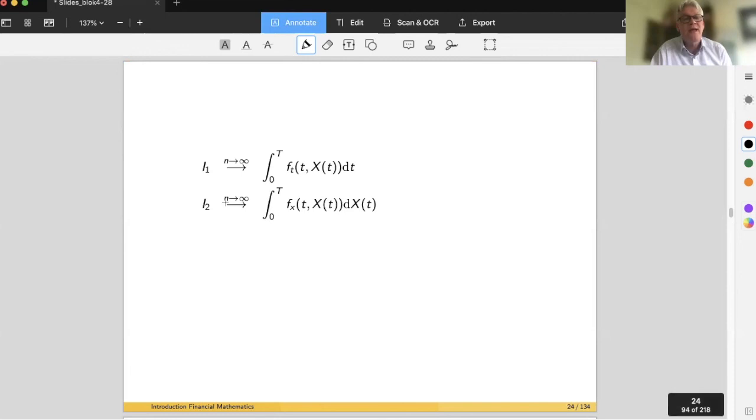The second one will be the integral from 0 to t of df/dx at (t, xt) dxt.